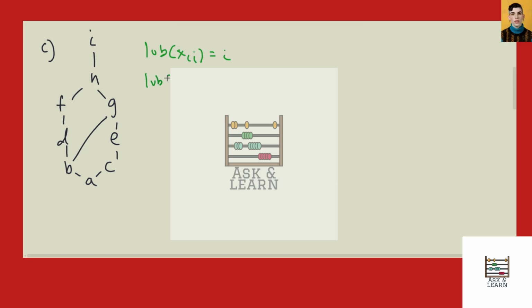And if we do the least upper bound of anything with H, this is going to be H as long as X is not I. Now let's see if we can do these other ones. For F and G, both of these feed into H, so that would be its least upper bound. What about D?